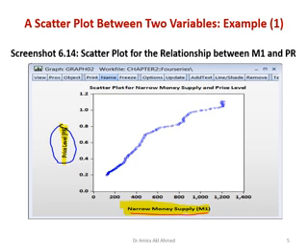For the first example, we consider the scatter plot that shows the relationship between money supply and the price level for the US data, which we have employed many times during the current course. The screenshot 6.14 in your textbook, which is shown in the current slide, displays the scatter plot for the relationship between these two variables.